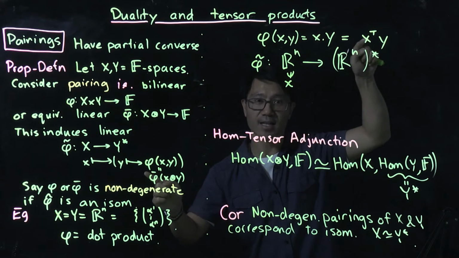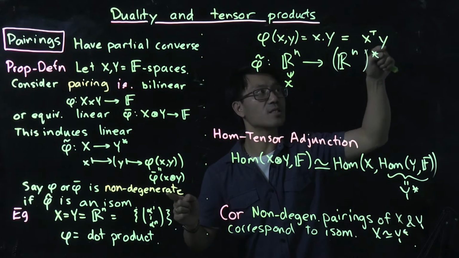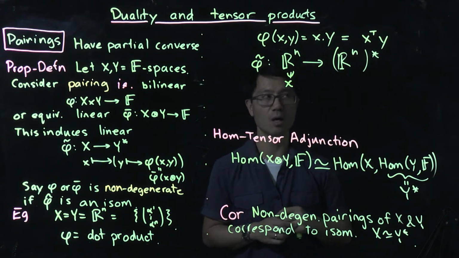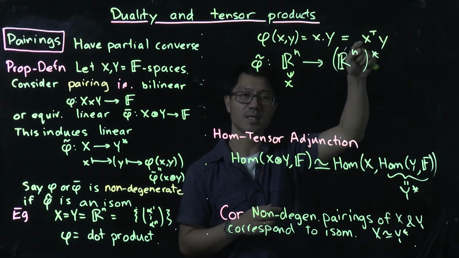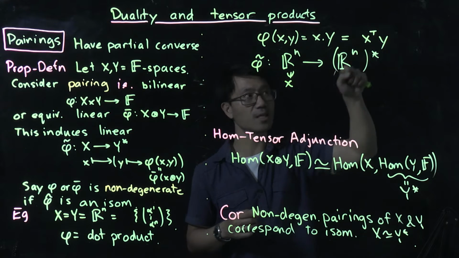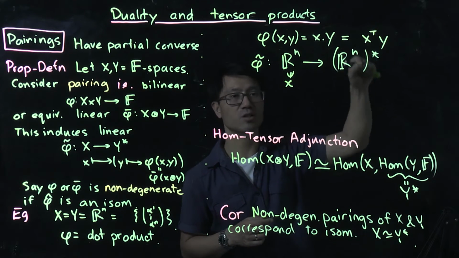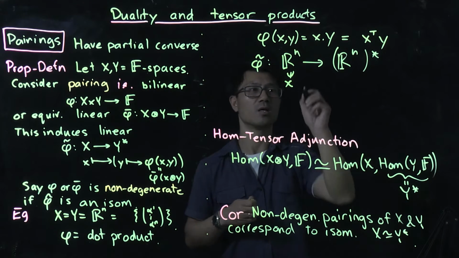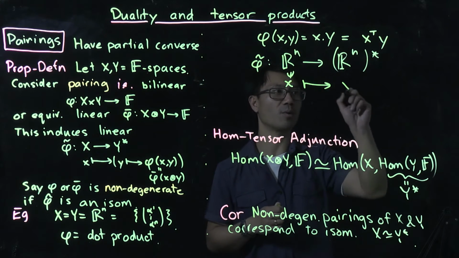So what is this as a function of y? Basically you're just left multiplying y by x transpose. Remember this is just a row vector, and since it's a 1 by n matrix, it eats up column vectors, things inside Rn, and spits out a length 1 vector, in other words a scalar. So it's an element of Rn dual. So in this case, this phi tilde is quite simple to say what it is.